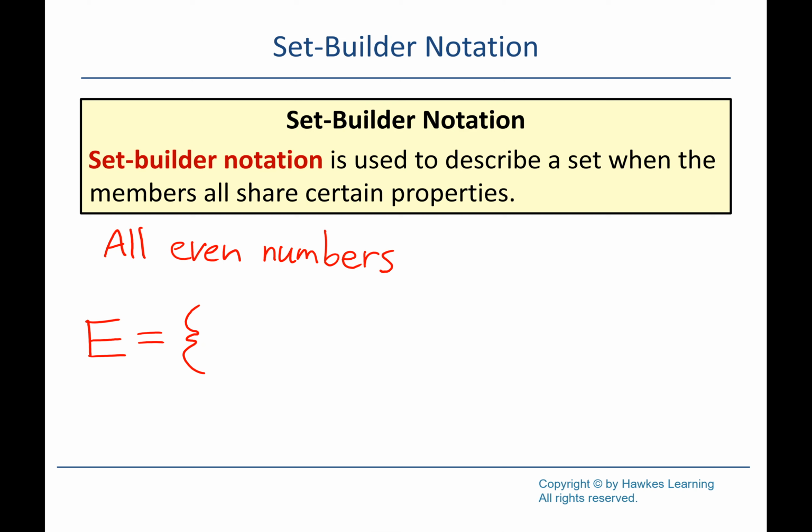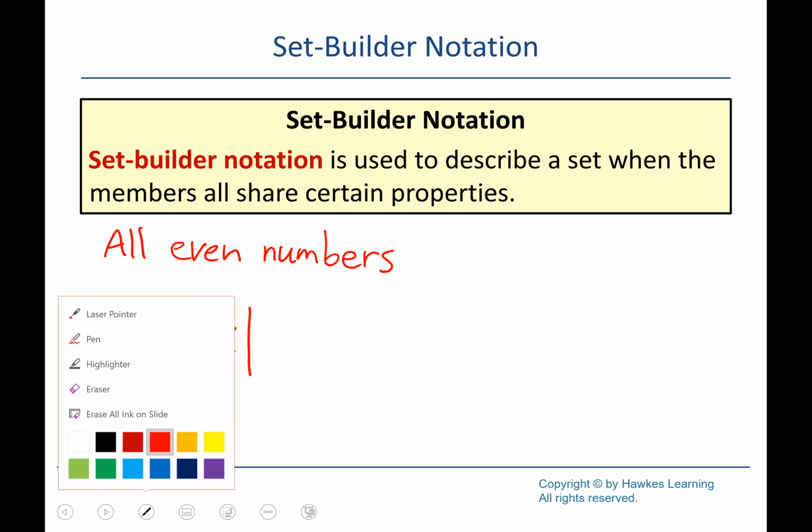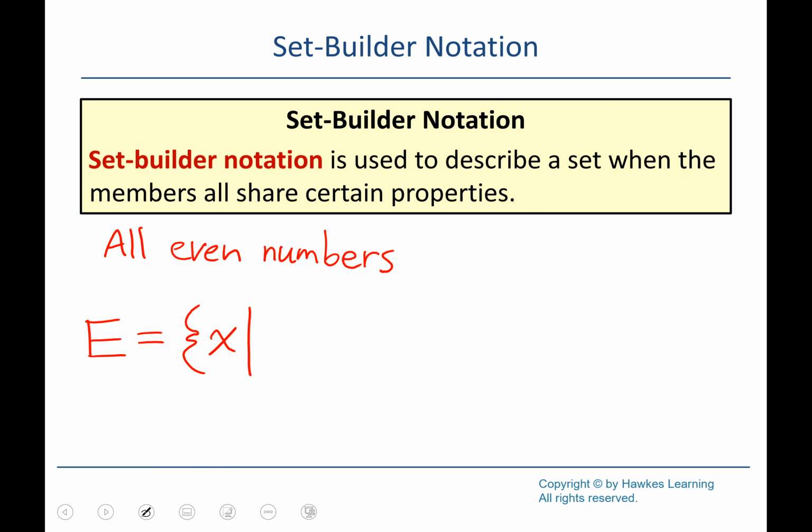And then we pick some variable. It doesn't matter what you call it. Usually you'll see x. We'll say set E is the set of all x's. And then you'll see a vertical line. And the way we read that vertical line is we read it as "such that."